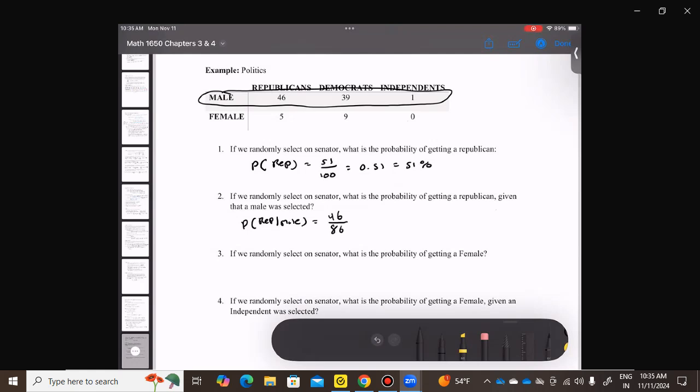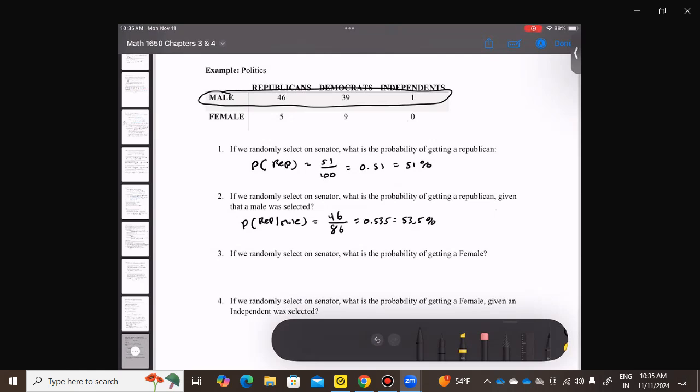And this works out to 0.535, or 53.5%. Now let's actually use the formula, because you notice I just did that intuitively by looking at how many Republican males out of how many males.